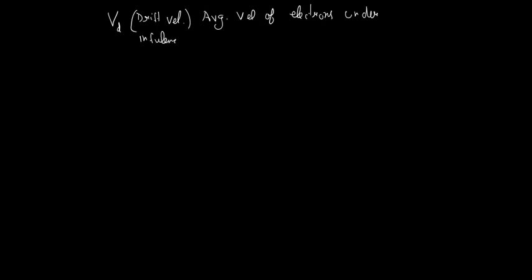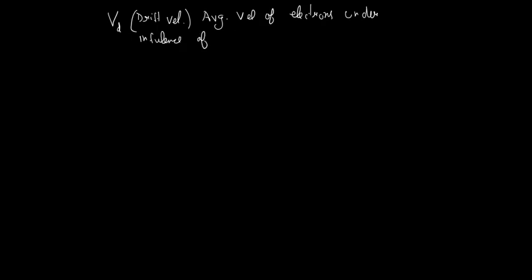Now, when we apply potential to the cell, the average velocity of the electrons is considered as the drift velocity of electrons. When we apply potential to that conductor, the average velocity of electrons is called the drift velocity of electrons.